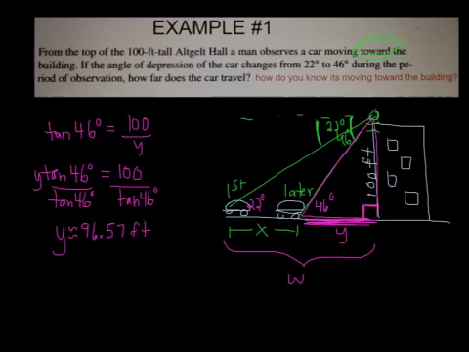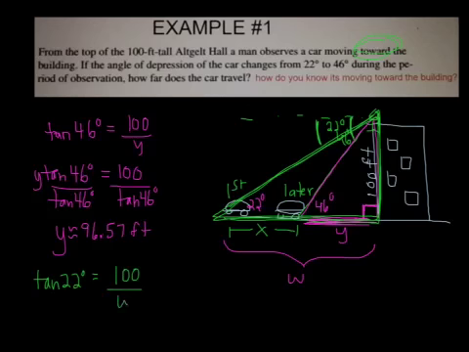And I will continue with this larger right triangle formed with the angle 22 degrees, the building and the person on top of the building. Similar process. Tangent of 22 degrees will equal the comparison of 100 to what I'm calling W, this full length.